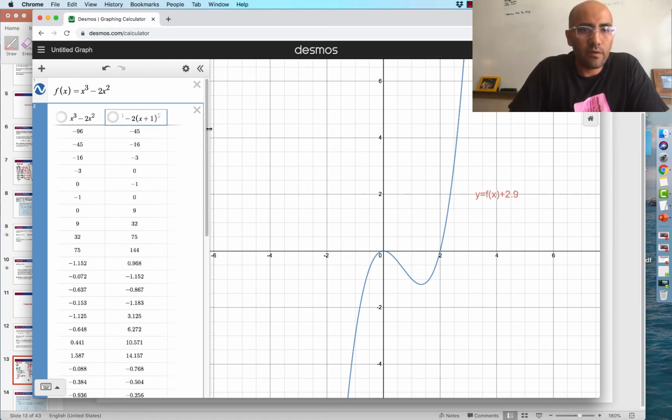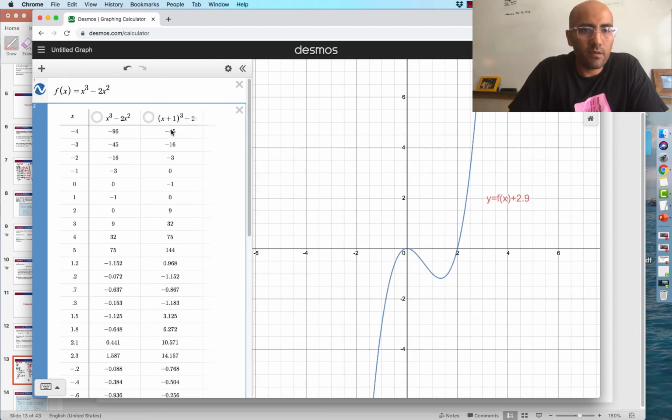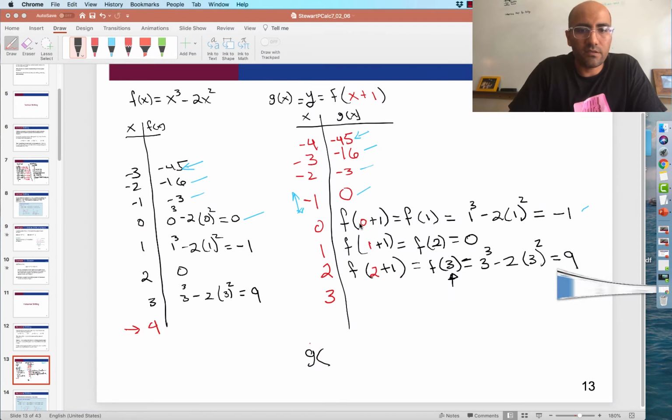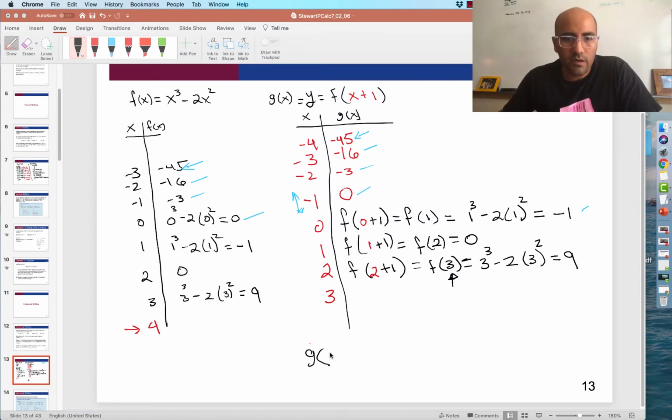Okay, so now we have the equation I want. Looks like there's no way to stretch this out. Anyway, okay, so this is x plus 1 cubed minus 2 times x plus 1 squared. It looks like this. g of x equals f of x plus 1.